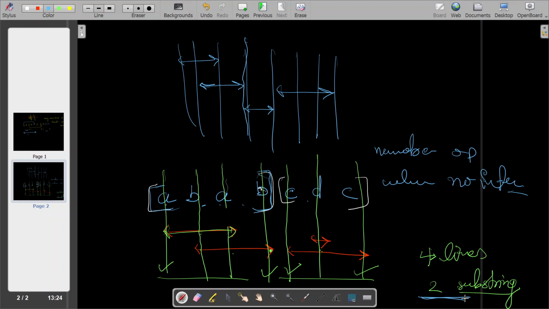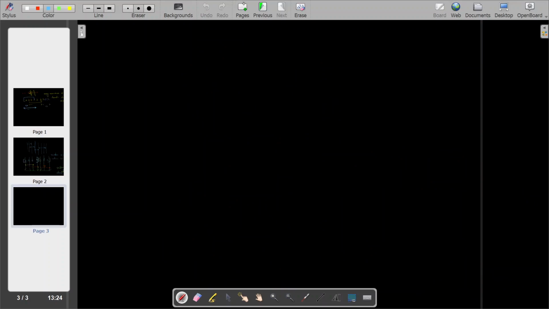Now how will you do this in the coding part? Let's come to that part.